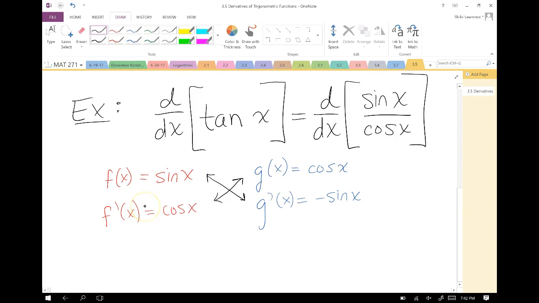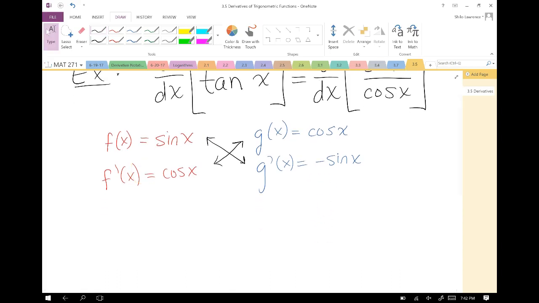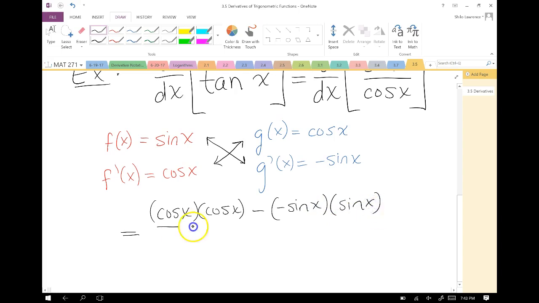We do f prime g minus g prime f for our quotient rule. So the derivative is going to be f prime g, that's cosine x times cosine x, and then minus g prime f, so negative sine x times sine x, all over g squared. So cosine squared.